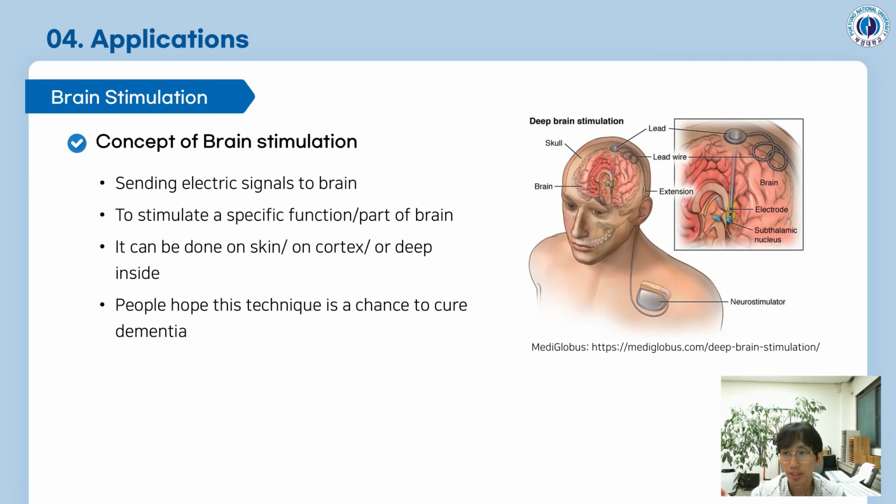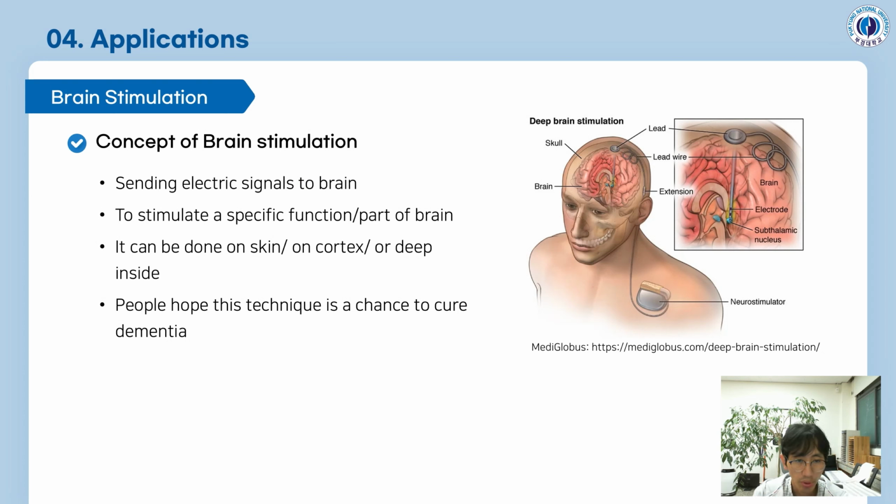Another application I bring here is brain stimulation. The concept of brain stimulation is sending electric signals to the brain. Just before, you saw the video sending signals from your brain to the computer, but here we send signals directly to the brain. Why?